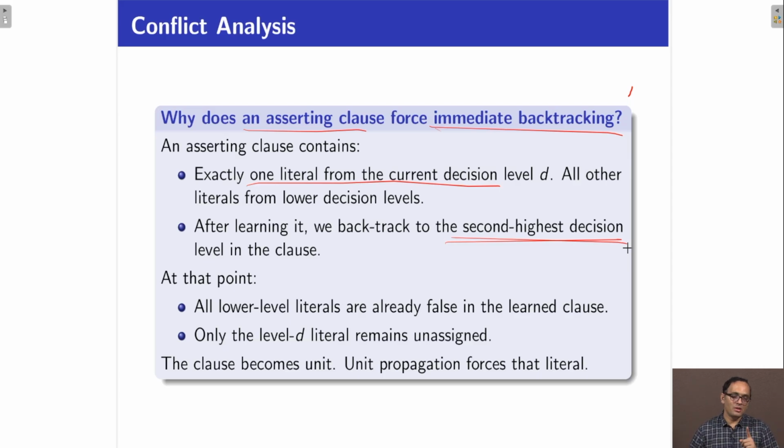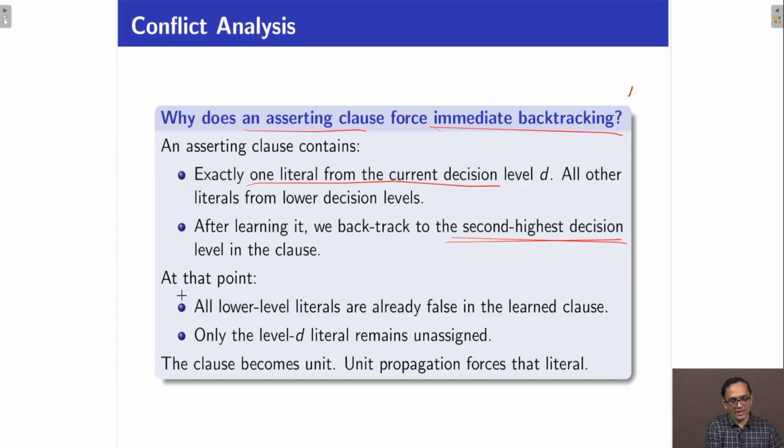What does it mean? All the other variables of the new clause already have some value assigned, right, which will make them false, because I have taken the negation of that value, right. So, what will happen immediately, BCP can be applied and it can remove the other literals from the different previous assertion levels, and it will effectively assign a value to the literal from the current decision level, right.